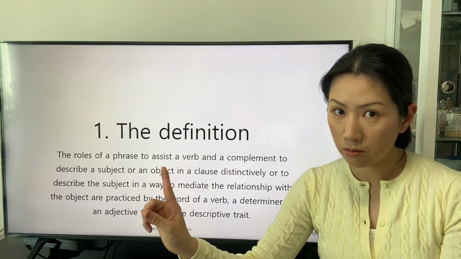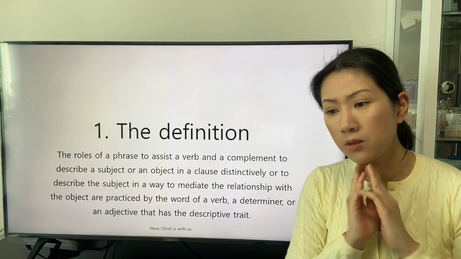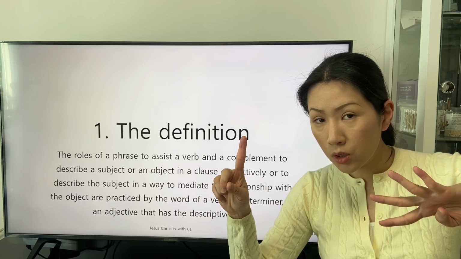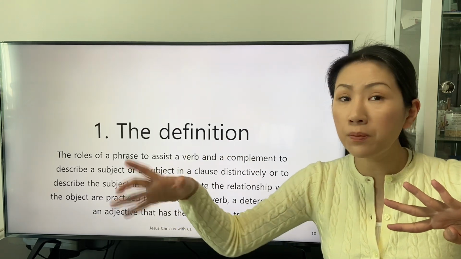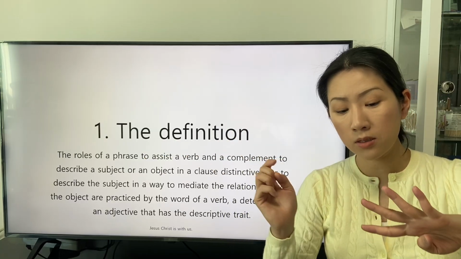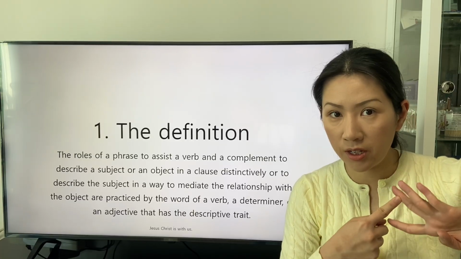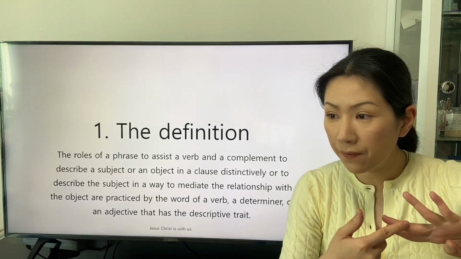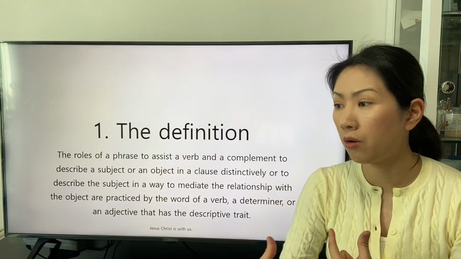are indications. Then we can understand that the trait of the word to have the role as a complement is a determiner or an adjective, because a determiner and an adjective describe an indication, a subject or an object.